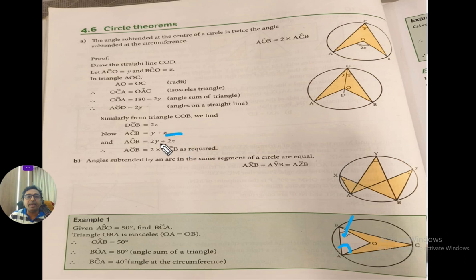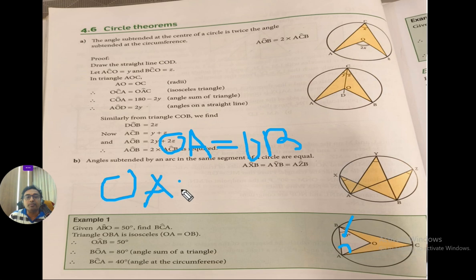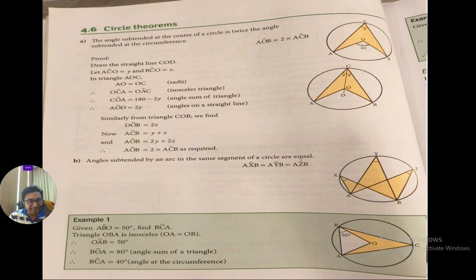OB is equal to OA, so triangle OAB is an isosceles triangle. If it is isosceles, then angle B is equal to angle A. Correct?